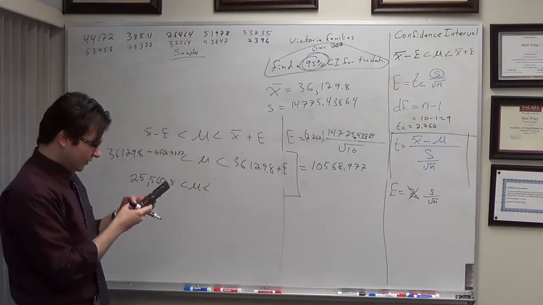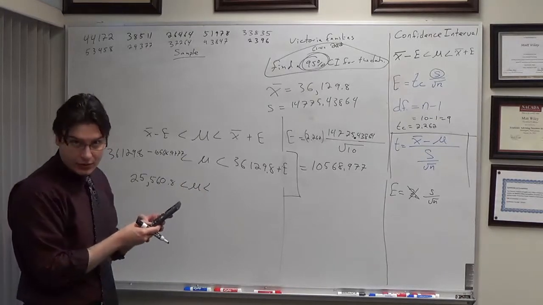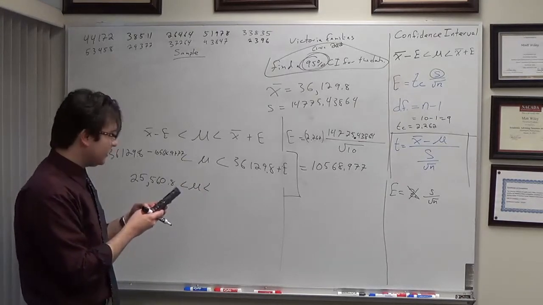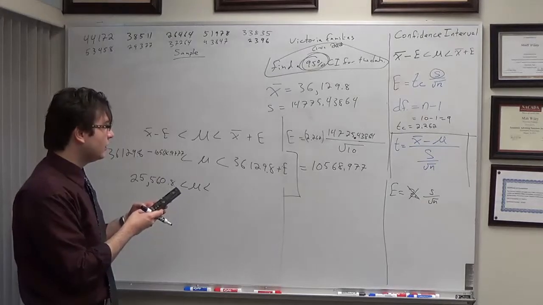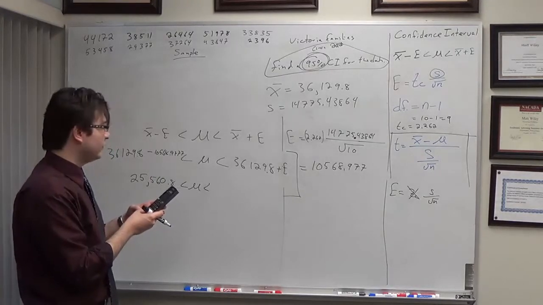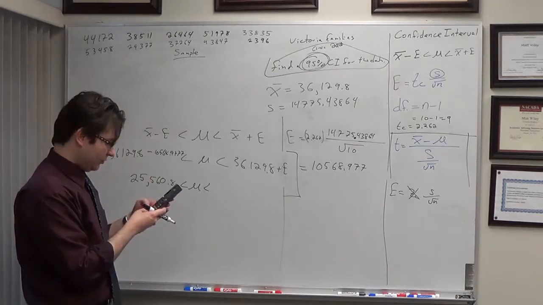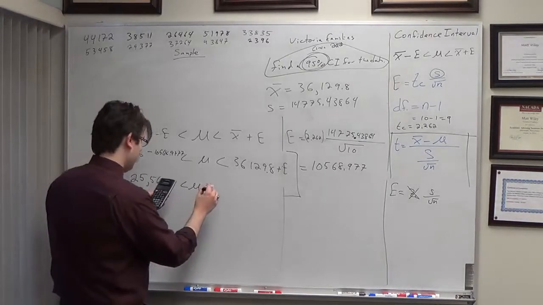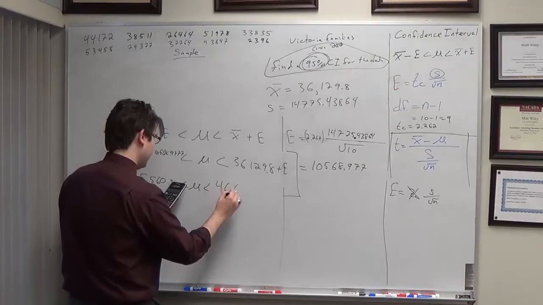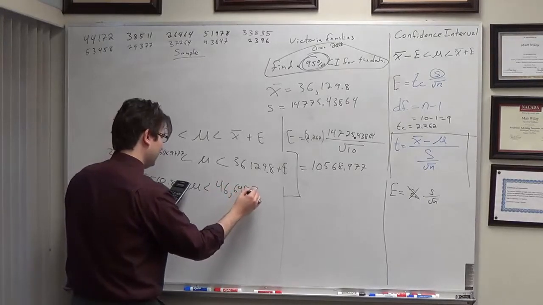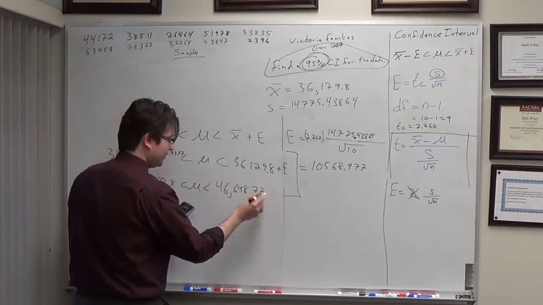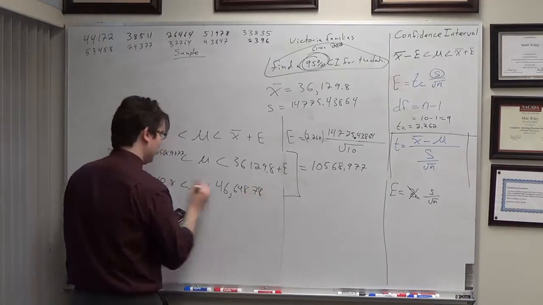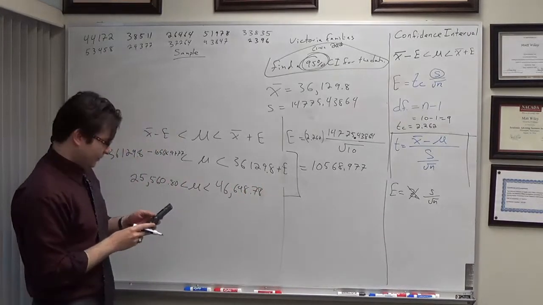Is less than, I also get 36,129.8 plus 10,568.977, which is 46,698.78, rounded for pennies.